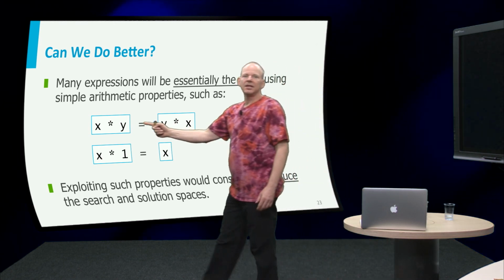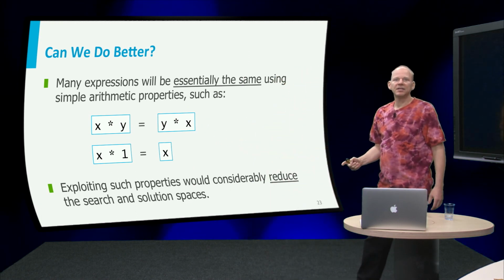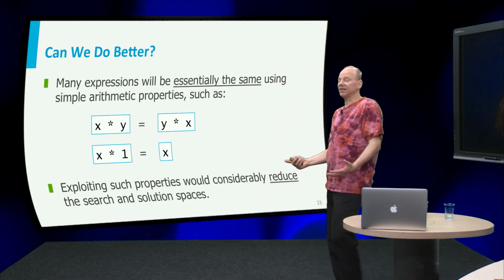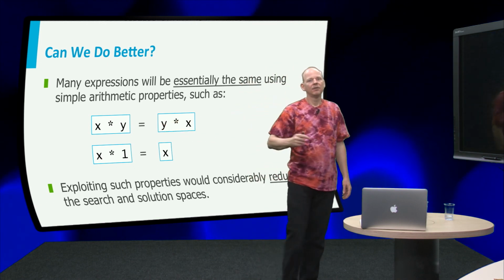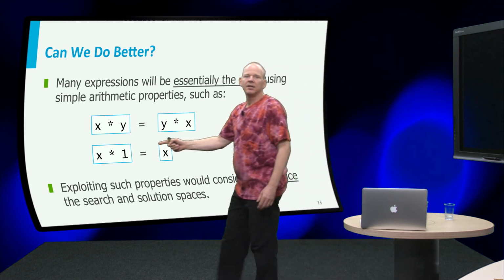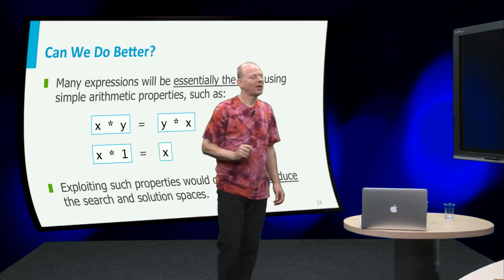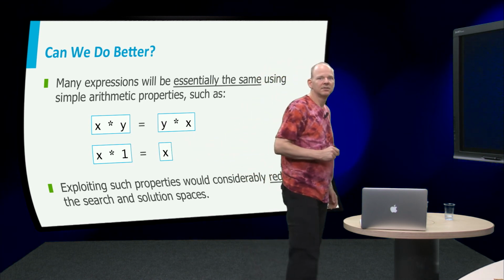Because really, if we have x times y, that is the same as y times x. So we don't have to generate both of these two results. And if we happen to multiply a number by 1, we might as well just use x.